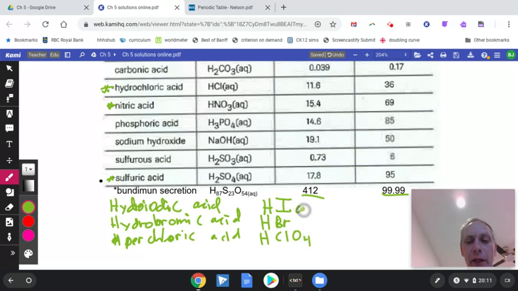They're all aqueous. So there are 6 strong acids that ionize.